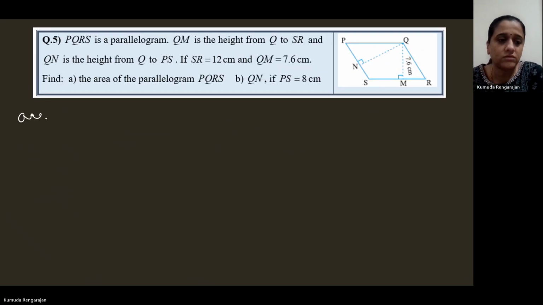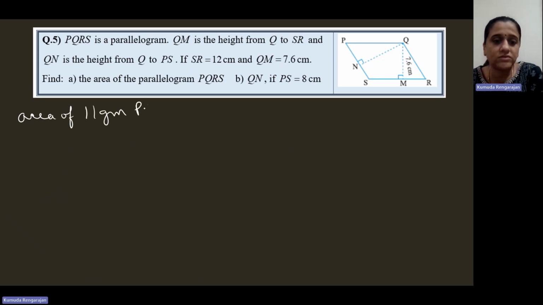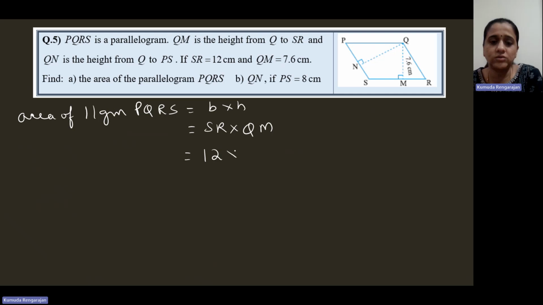Area of PQRS is equal to B into H. So which one will you take as a base? SR. Okay, SR into height, QM. What's the length of SR? 12 into. So you multiply and get it.